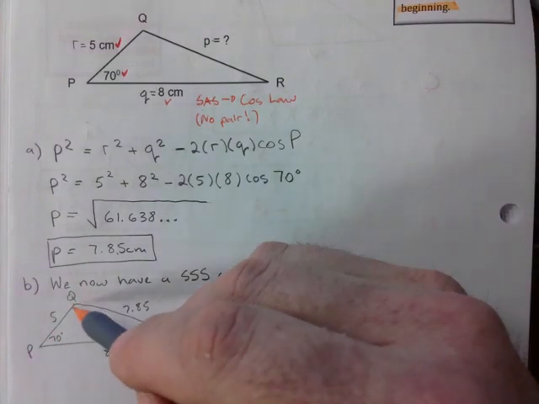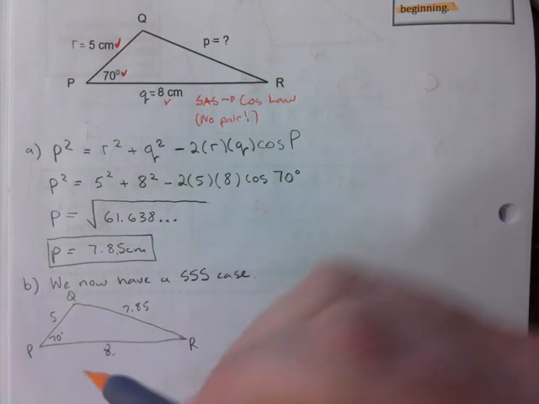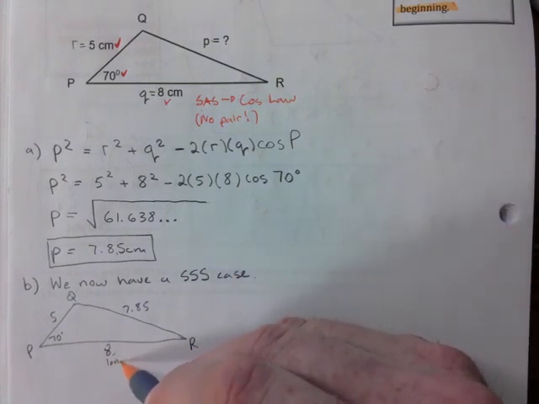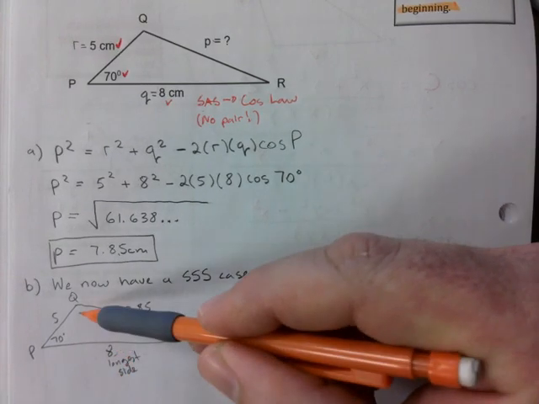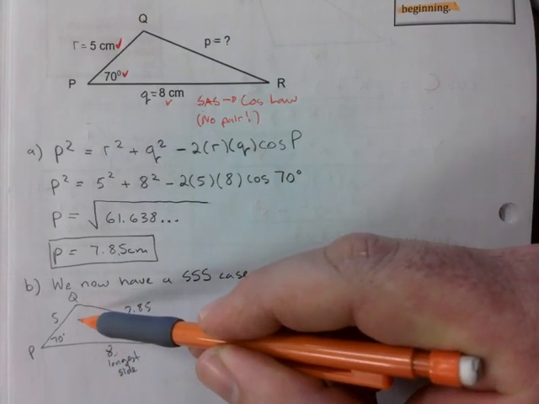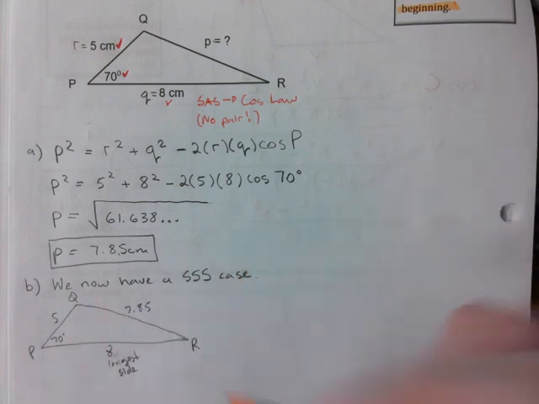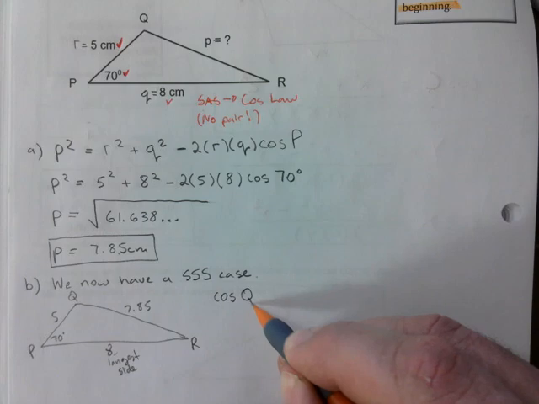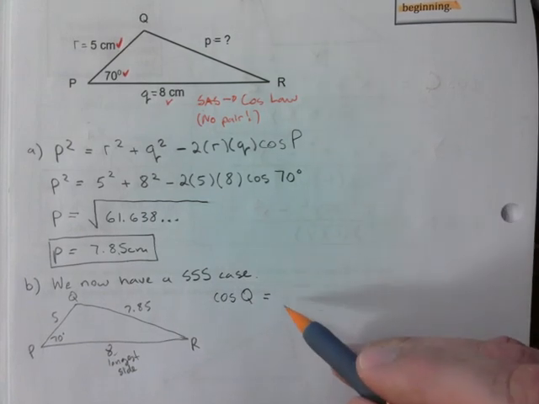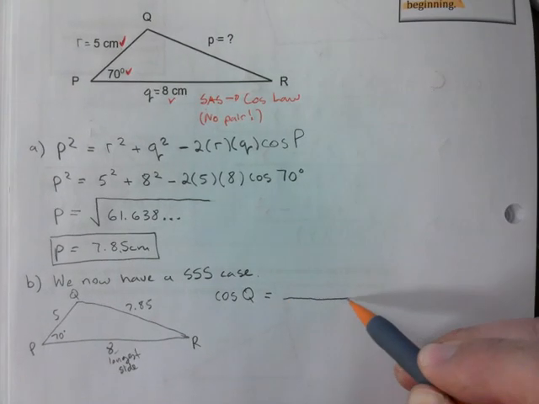I'm going to solve for this one first because 8 is the longest side. Longest side, remember that. So I expect the largest angle to be located right here. Okay, so cosine of Q is going to be, what's the pattern?